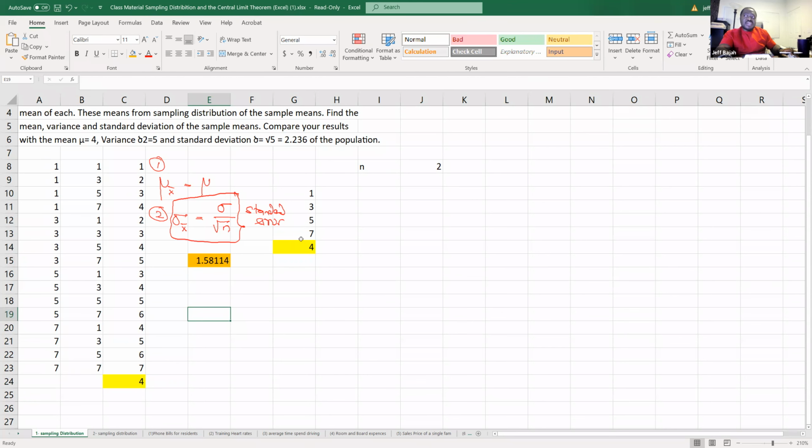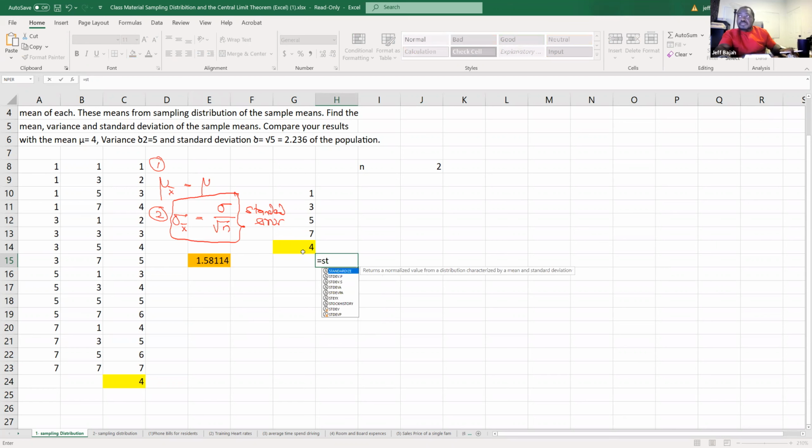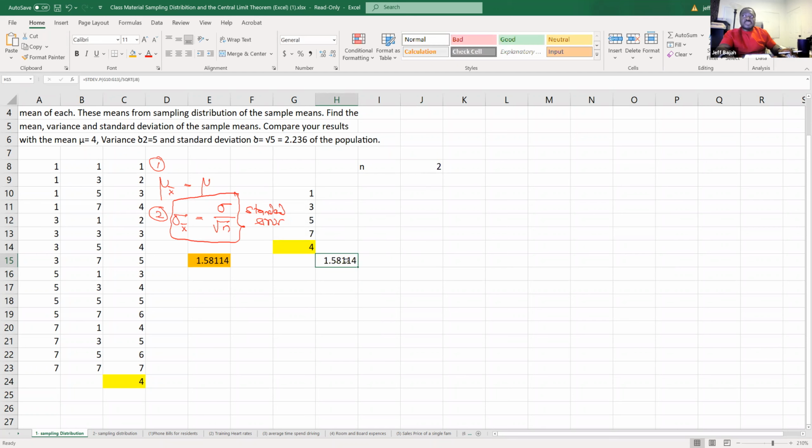Now let's find out if it's the same here. They're telling us that this is equal to, look at what it says here. So if I do the standard deviation of these values and I divide it by the square root of our sample size, I'll get the same answer. See? So we have proven that these two theories hold true.